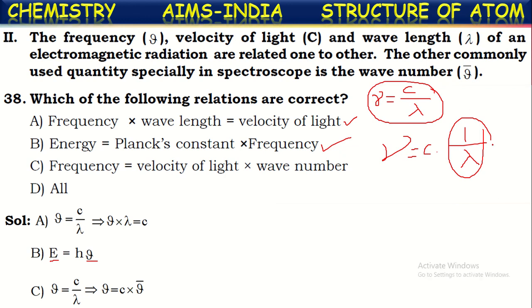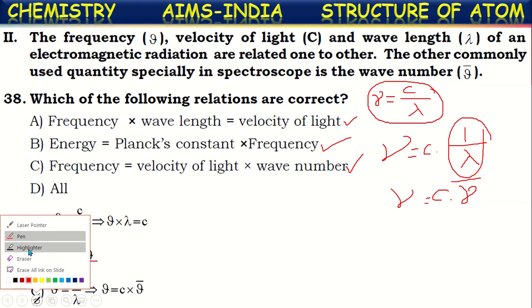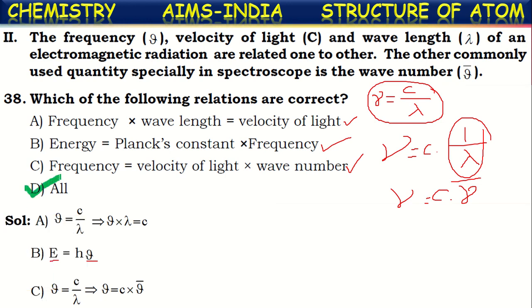So in the place of 1 by lambda, we can write nu bar. Now it becomes nu is equal to c into wave number. So this relation is also correct. All these three relations are correct. Fourth is the correct answer.